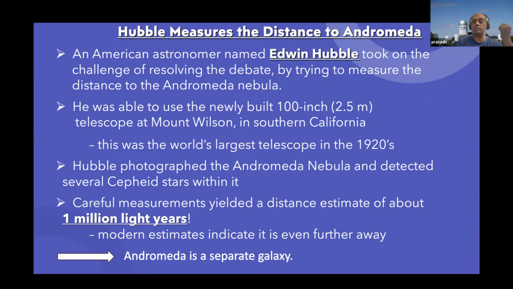And what happens is when he measured the things in this way, he found that this Andromeda galaxy is about 1 million light years away from us. And this is clearly beyond the size of our Milky Way, right? And this established the first confirmed evidence that Andromeda is our nearest and still a separate galaxy, right?